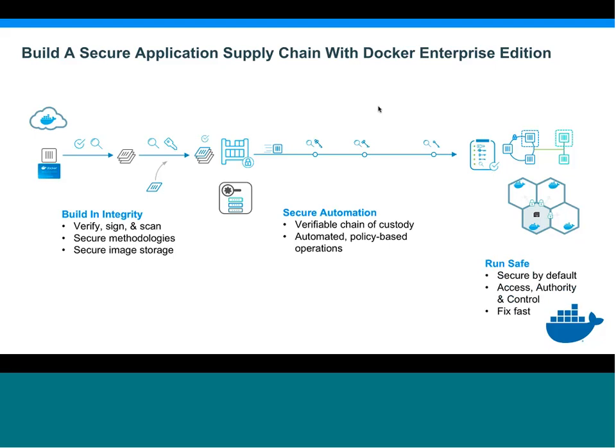And then we talked about how you run in production, how everything is secure, even at the default layer. If you don't do anything else, you have great security with the Docker Enterprise Edition. And then you have the additional access controls, the additional authority to set these things, and maybe even most important, how you can fix things very quickly, whether it's a broken container or something as dramatic and drastic as the actual engines themselves.